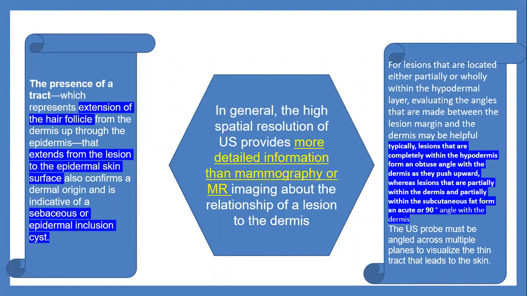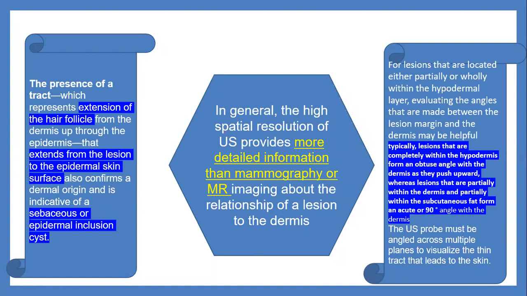The presence of a tract, which represents extension of the hair follicle from the dermis up through the epidermis, extending from the lesion to the skin surface, confirms the dermal origin as we described and is indicative of a sebaceous or epidermal inclusion cyst because both originate from it.